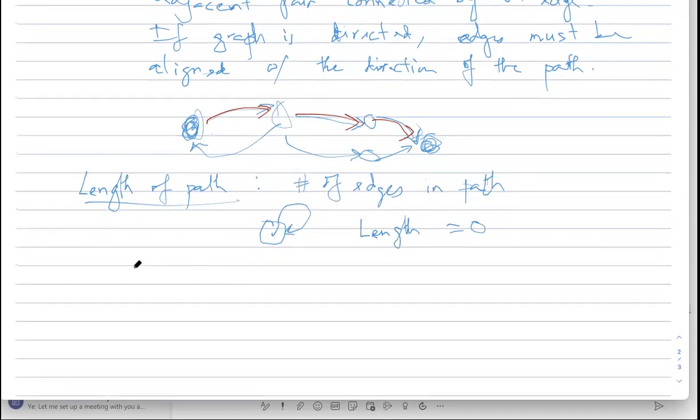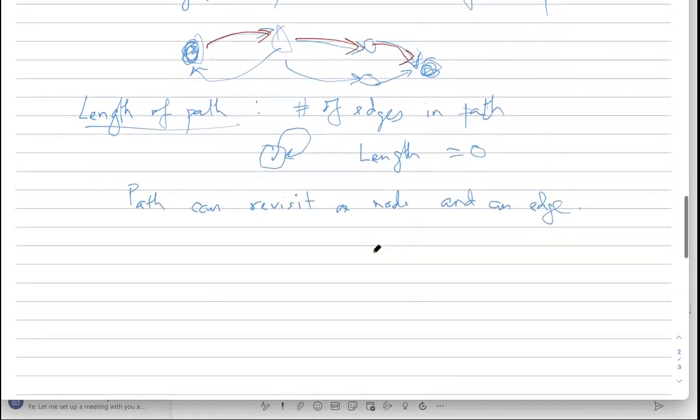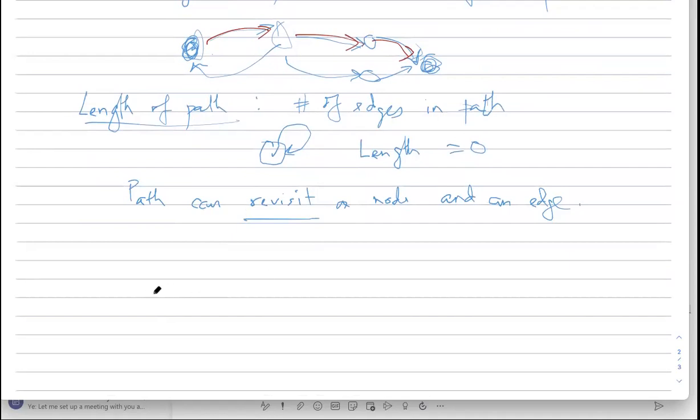And another important point is that a path can revisit a node and an edge. So a path can even revisit.